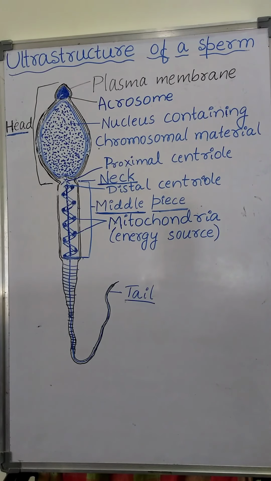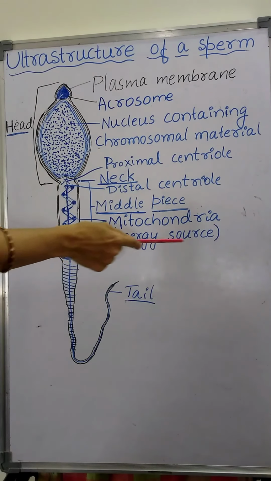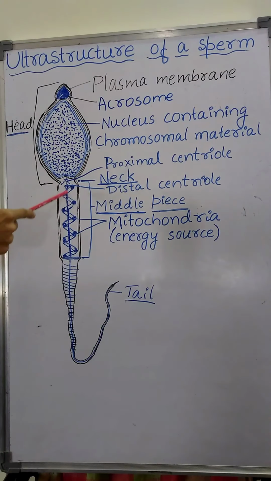The main function of these mitochondria is the production of energy, which is essential for the movement of the sperm tail, or sperm motility. These mitochondria are present only in the middle piece.